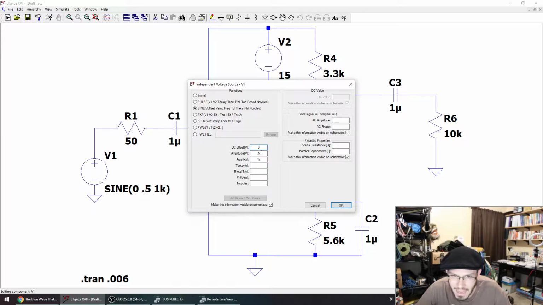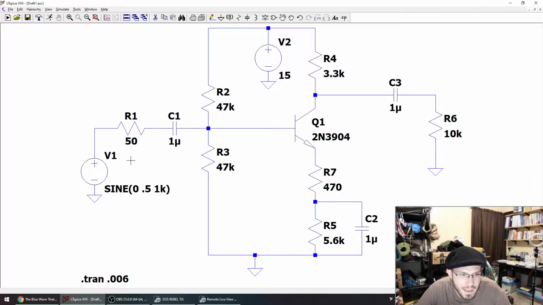We're going to have this centered at 0 volts. And then the amplitude is going to be 0.5 volts. So half a volt, and that should be the peak voltage is what LTSpice has you enter for that. And then the frequency would be 1 kilohertz, so I just put 1K in there. That's all you have to set up for this, and hit OK.